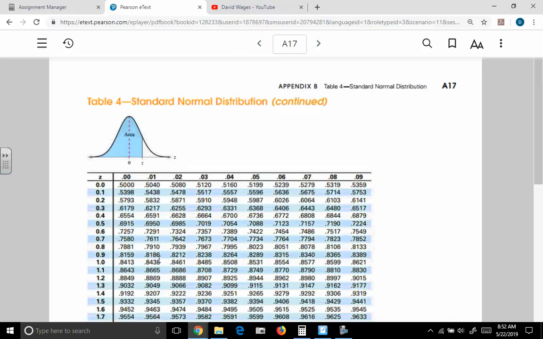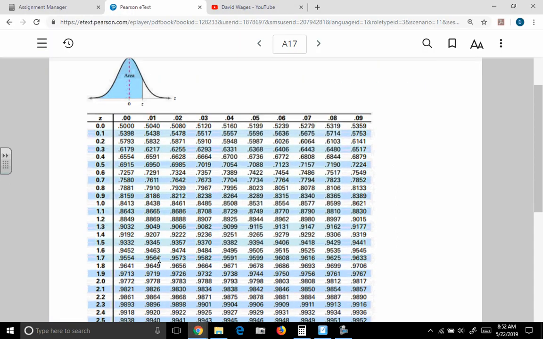So we pull out our table, we search for an area of 0.94. Here is 0.9394, here's 0.9406. Notice these are equidistant from 0.94. This one is 6 10,000ths more than 0.94. This one is 6 10,000ths less than 0.94. So our z value is going to be halfway in between.